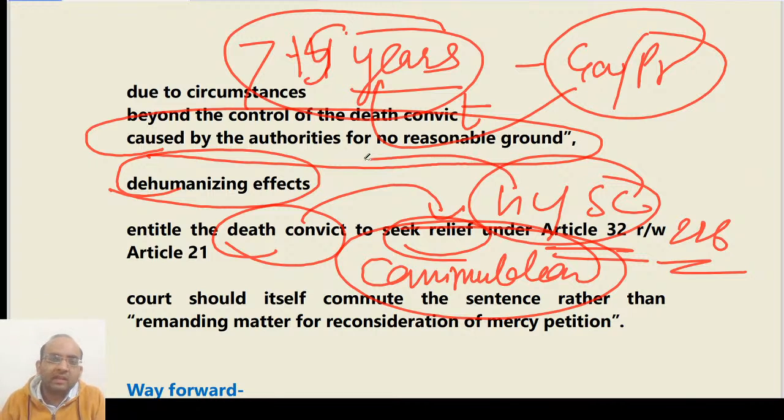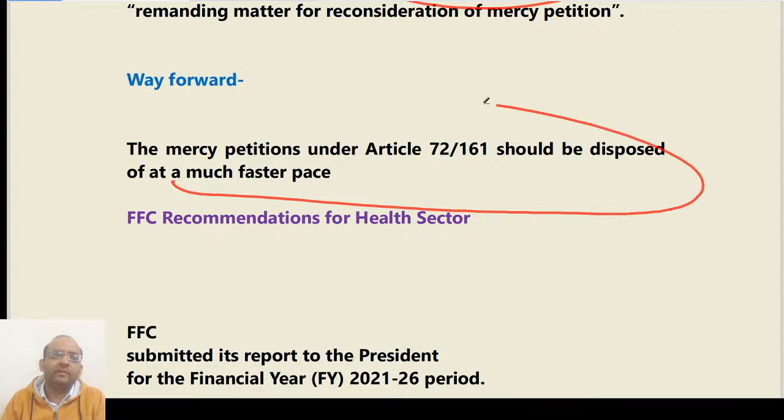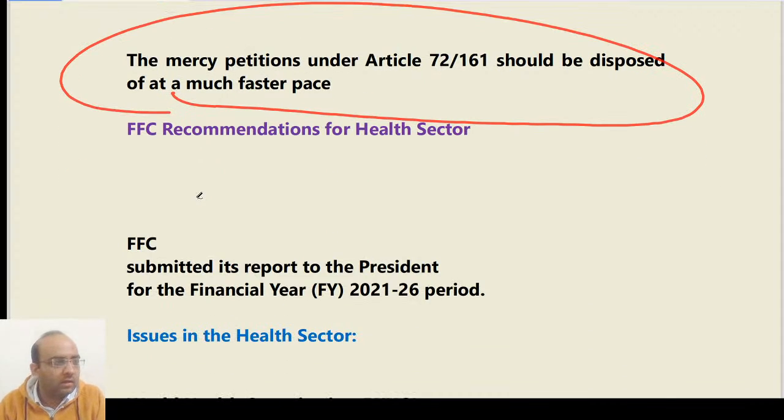So in this case, the High Court or Supreme Court would change the nature of the punishment from death sentence to imprisonment sentence. So at least he gets some psychological relief, that I got the clarity that I am going to survive. Now what should be the way forward? It should be handled at a faster pace.